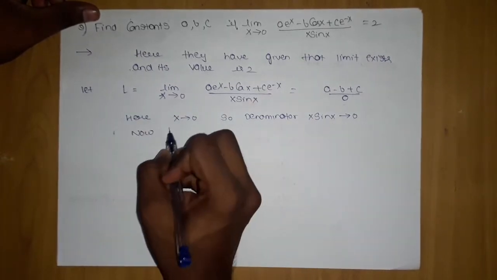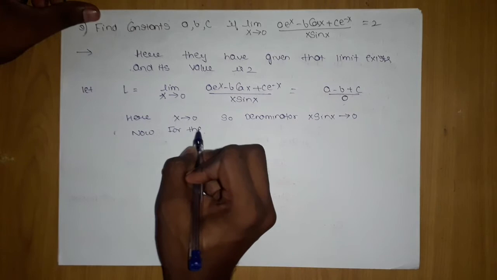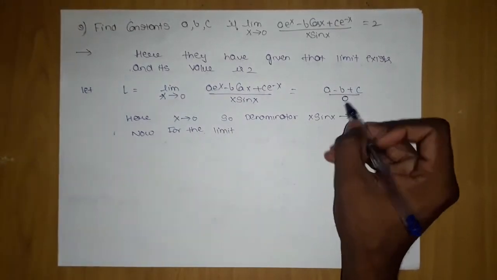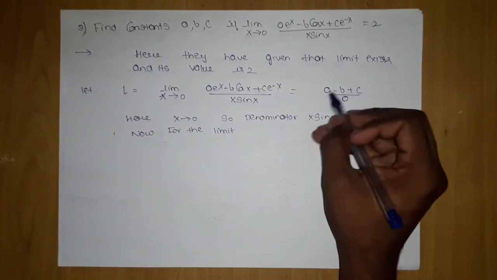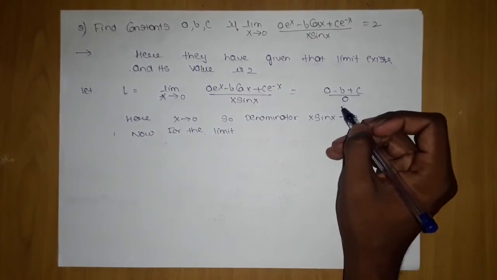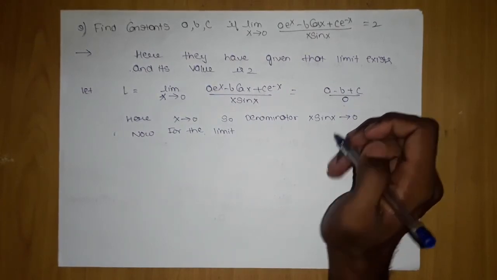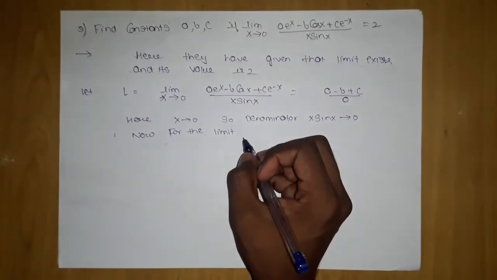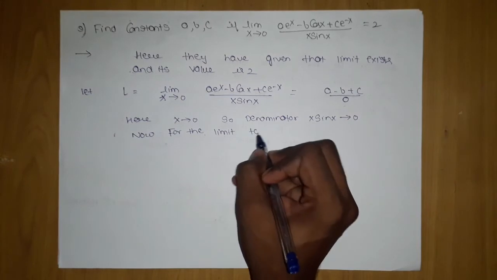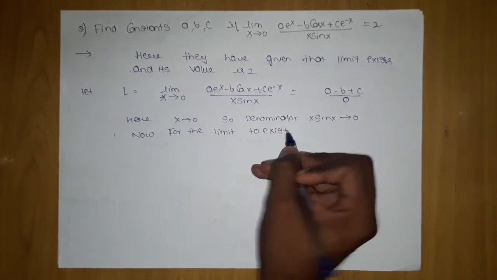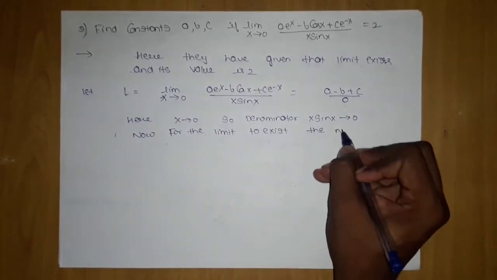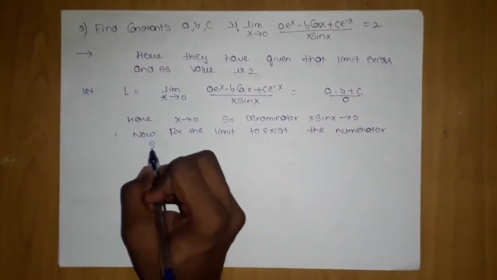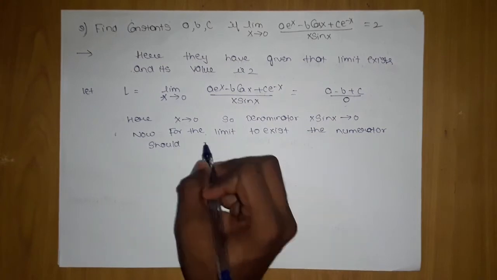Now for the limit, if the numerator is not 0, if I say its value is a minus b plus c, then it will become constant by 0, which will become infinite. And now for the limit to exist, the numerator should tend to 0.